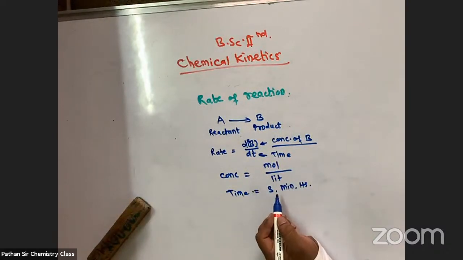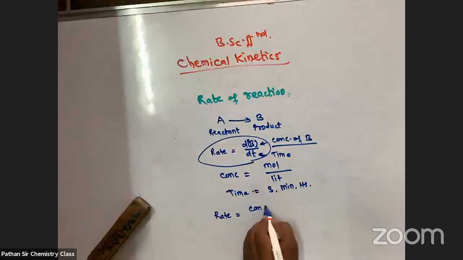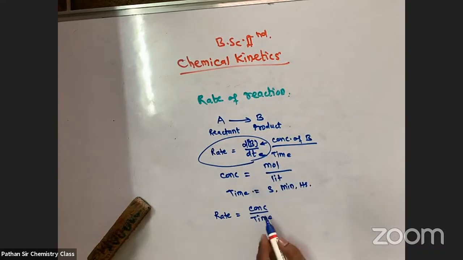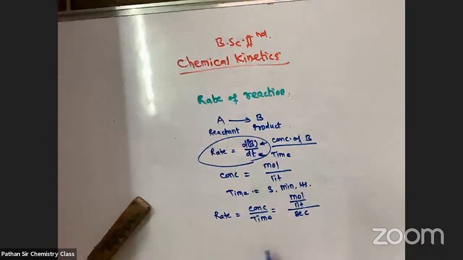Therefore, rate is equal to concentration divided by time. So dB is concentration, dt is time. Concentration is given in moles per liter, time in seconds. So the unit of rate of reaction is moles per liter per second.